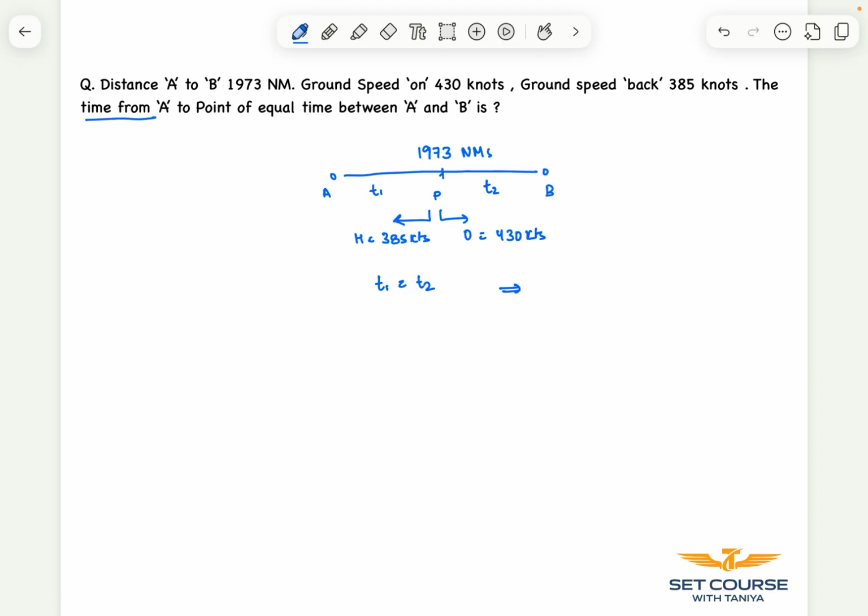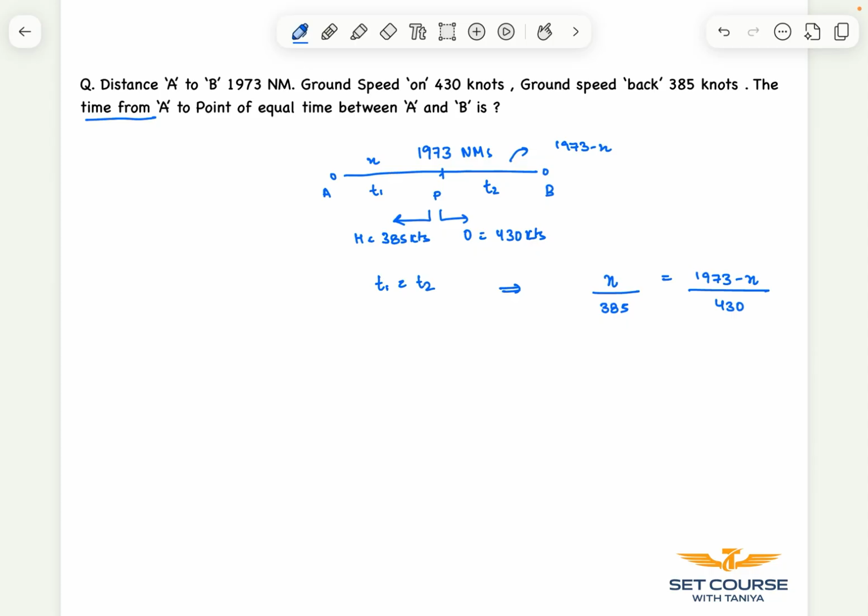Then we have time as distance by speed, and our first distance being x and the other one being 1973 minus x. So x over 385 equals 1973 minus x over 430.